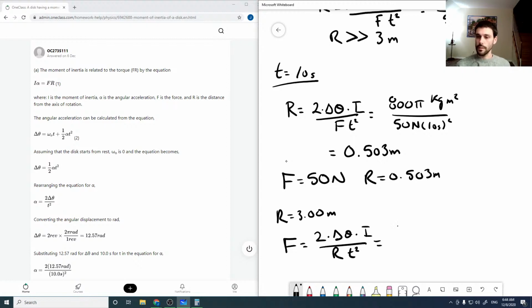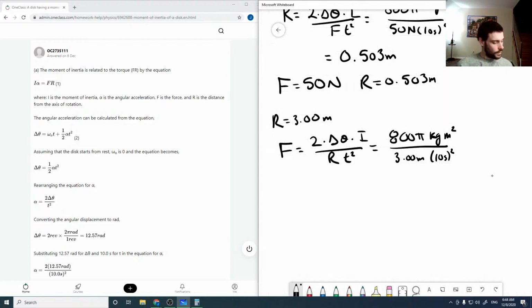Which would be 800 pi kilogram meters squared over 3 meters times 10 seconds squared, which comes out to be a force of 8.38 newtons. And so we have another pair.